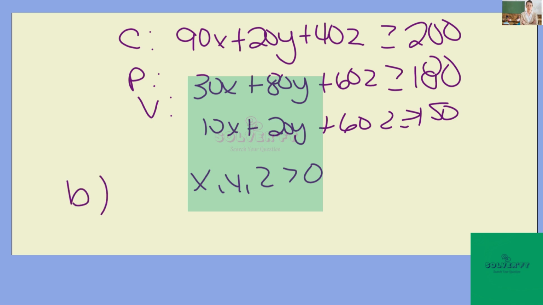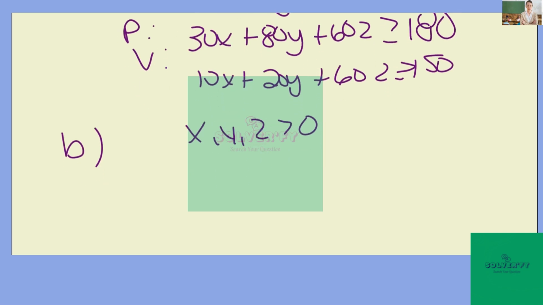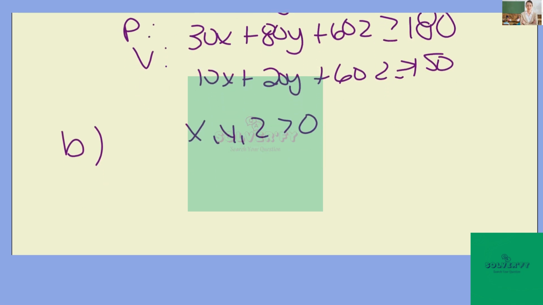Then for part B, to have at most 2 types in the mix, we can introduce binary variables. I'm going to say that A, B, and C, where y_i is equal to 1 if feed type i is used in the mix, and y_i is equal to 0 otherwise. We need to make our new constraints.